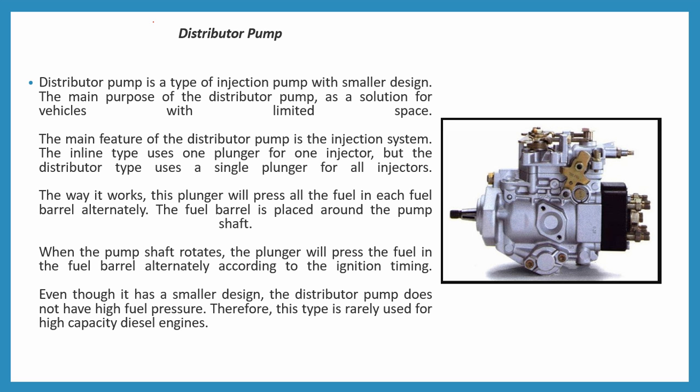The inline type uses one plunger for one injector, but the distributor type uses a single plunger for all the injectors. This plunger will press the fuel in each fuel barrel alternately. The fuel barrel is placed around the pump shaft.